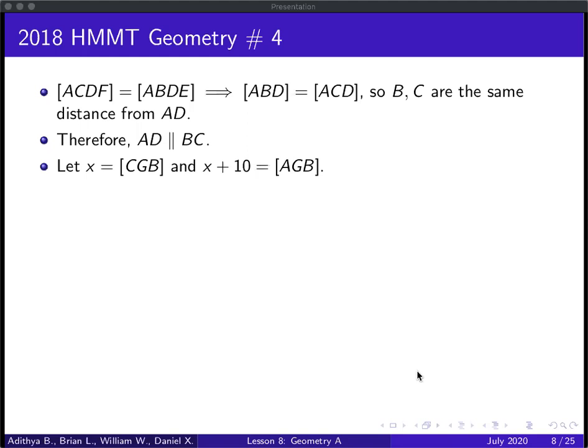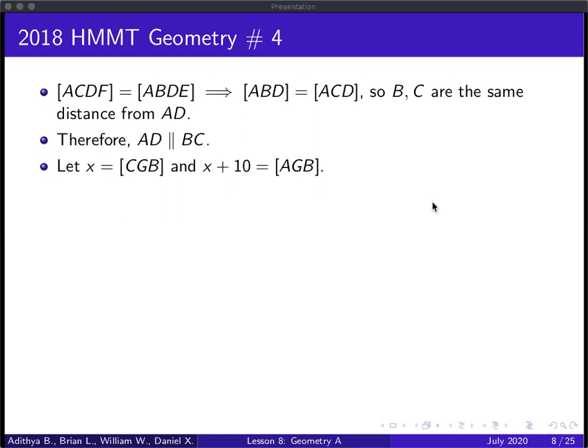The reason why we're considering DGA is because DGA and AGB share the same height. So that would be really nice to take advantage of.